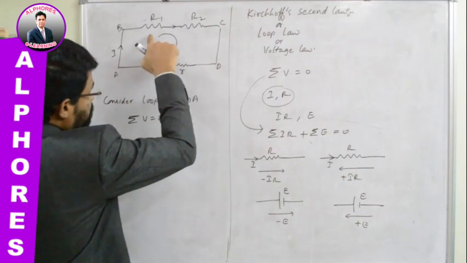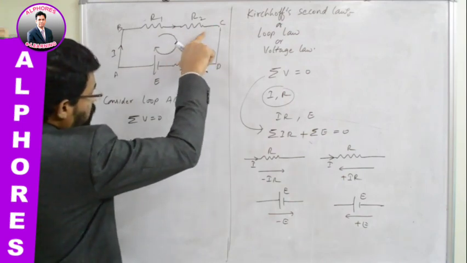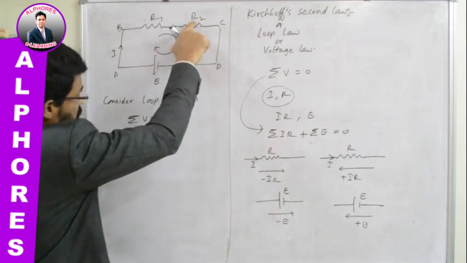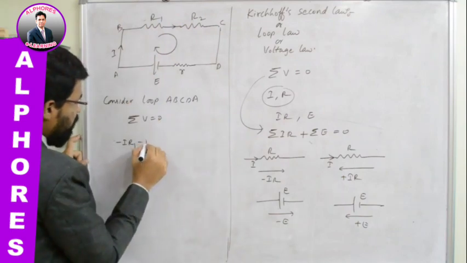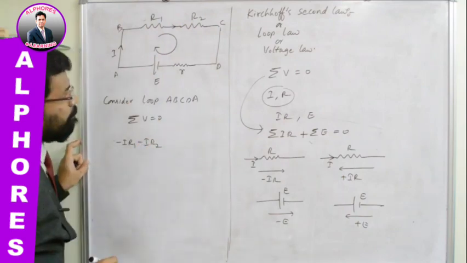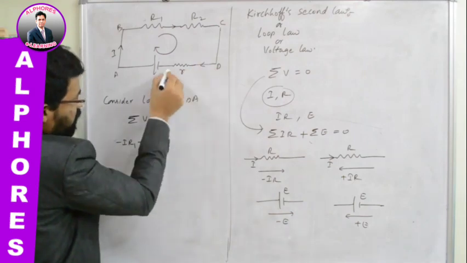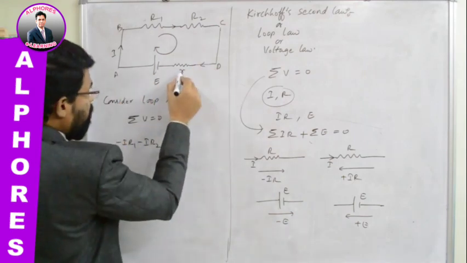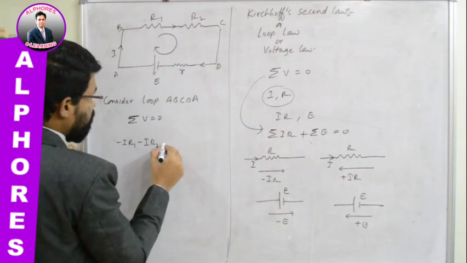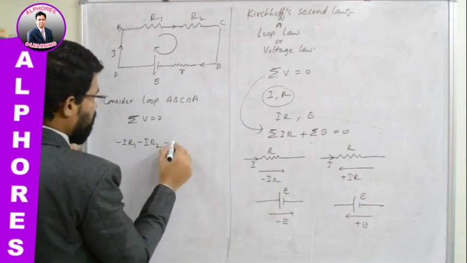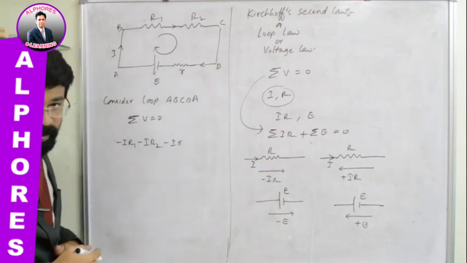And similarly here also, I am traveling along the direction of current flow. Here also the potential across R2 will be written as minus IR2. And here current is in this direction, along the direction of current only I am tracing. Here also whatever potential drop is there across this one will also be taken as minus only, minus I small r, isn't it?